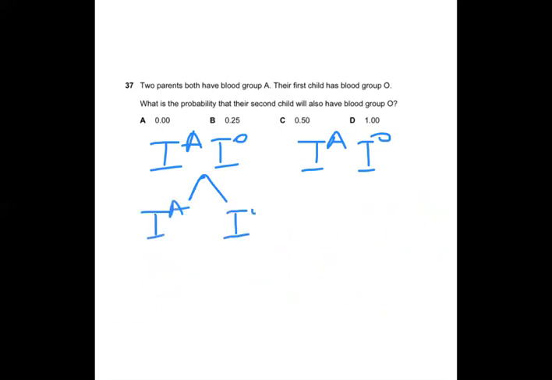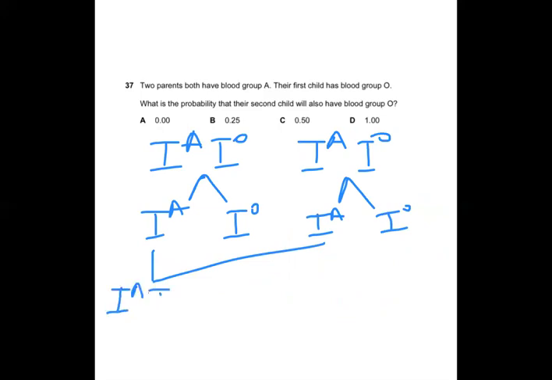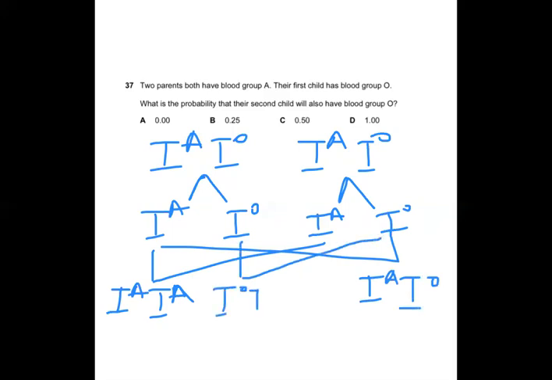Now we'll take both parents as heterozygous, because they have to have IA IO and IA IO. Now the gametes will be IA and IO.